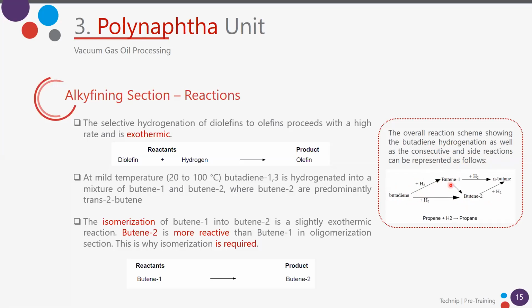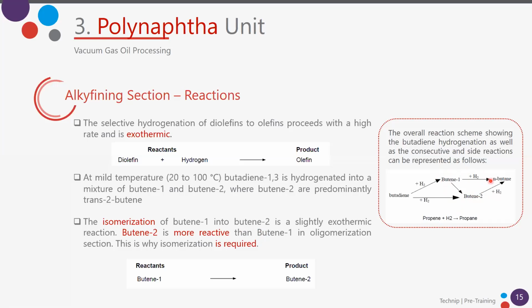Then you can see here in this arrow is represented the isomerization reaction that will take place also. And that is good, this reaction, because this butene 2 is more reactive than this butene 1 in the following section, in the oligomerization section. So that's why this reaction is also a good reaction.